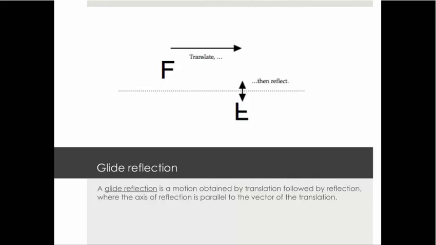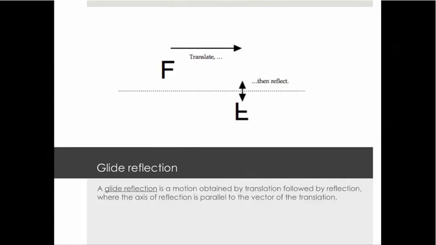And here's a reminder of what we just did. Again, I'm showing you a printed letter F, I'm showing you the vector, I'm showing you the axis, and I'm showing you the result of applying this glide reflection. That is to say, applying first the translation and then the reflection. Notice that we don't stop after the translation and show the result that we get. We think of this as a single motion.